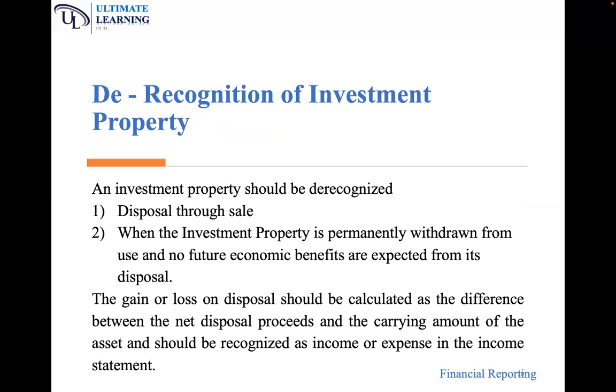Derecognition of investment property. What is to derecognize? To derecognize is to remove an item from investment property. So when do we derecognize investment property? Number one, when the property is disposed, that is when it's sold out, or when the investment property is permanently withdrawn from use and no future economic benefits are expected.